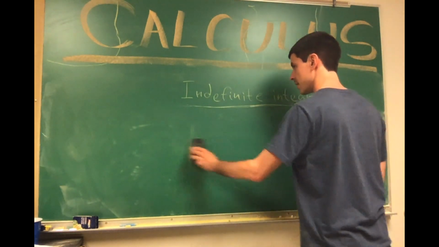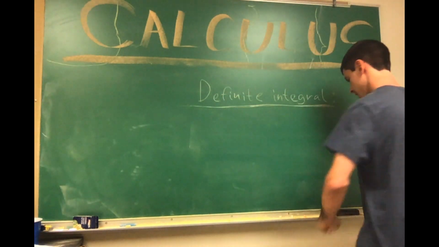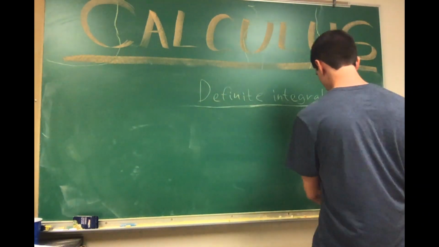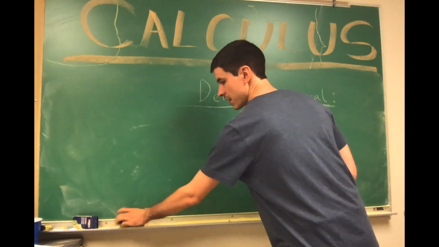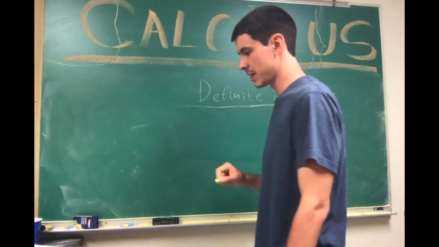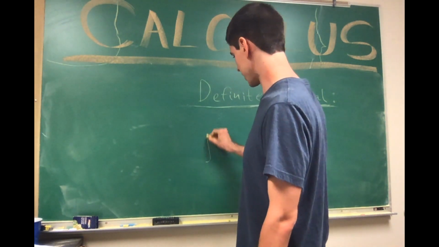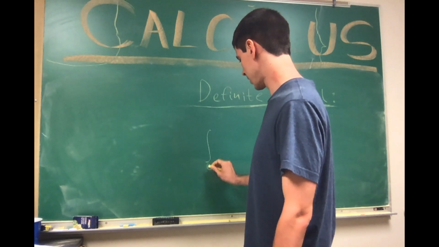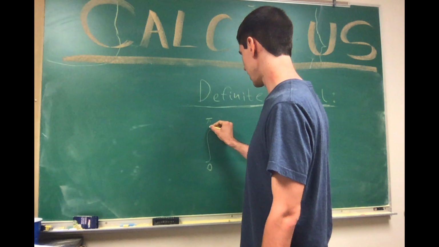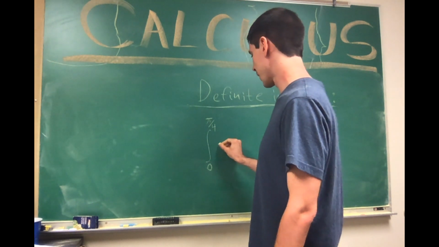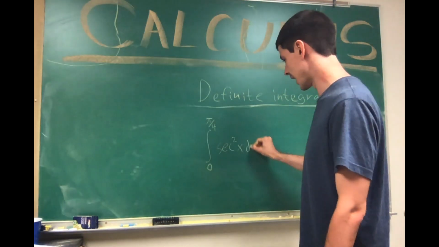So this is the indefinite integral, and then the definite integral is where we consider the bounds to be concrete. So, for example, say the integral from 0 to pi over 4 of secant x dx.